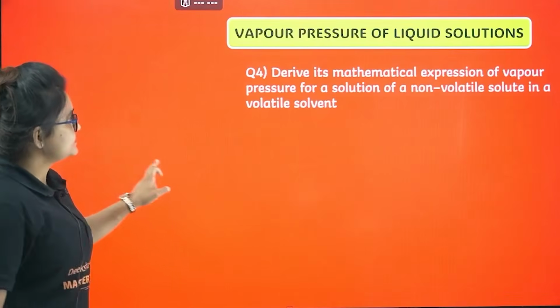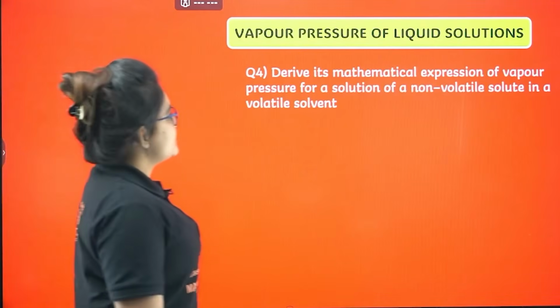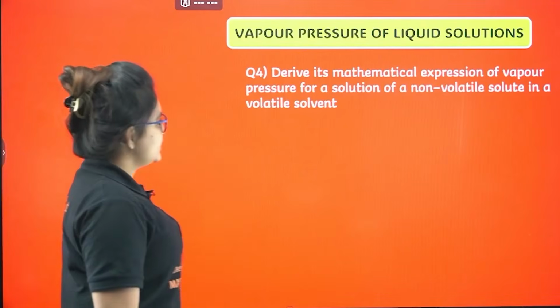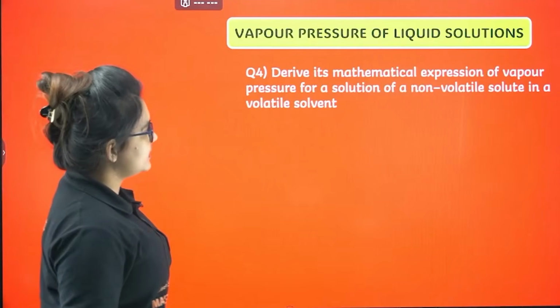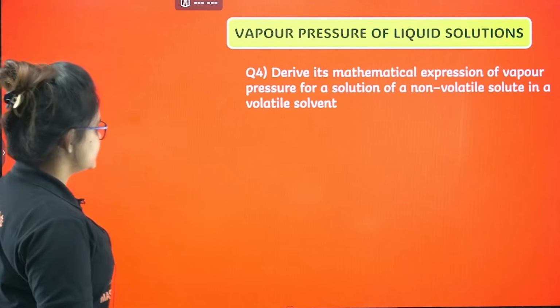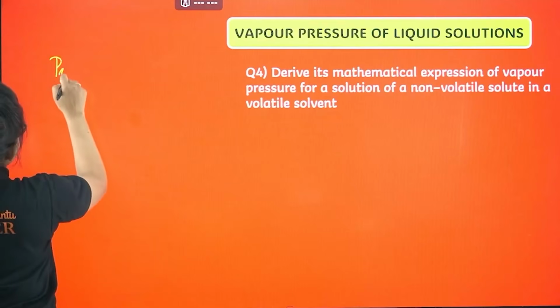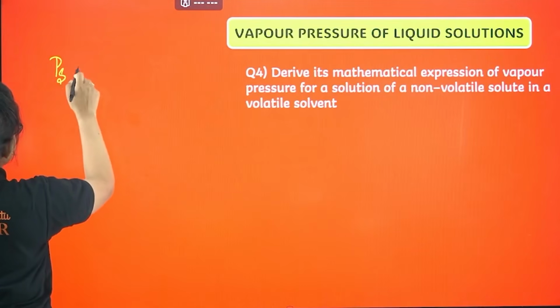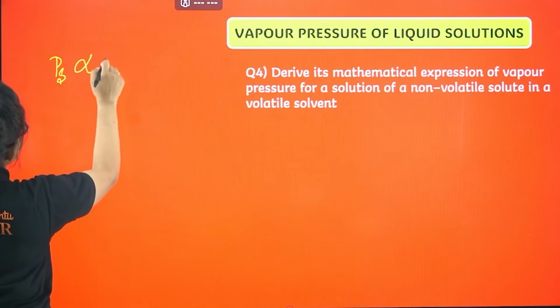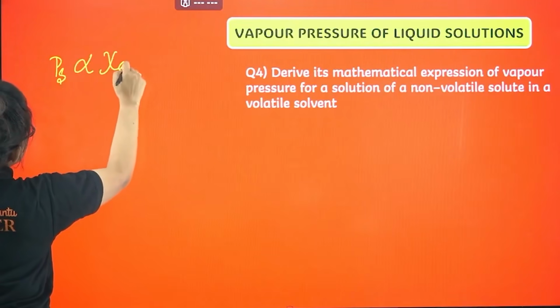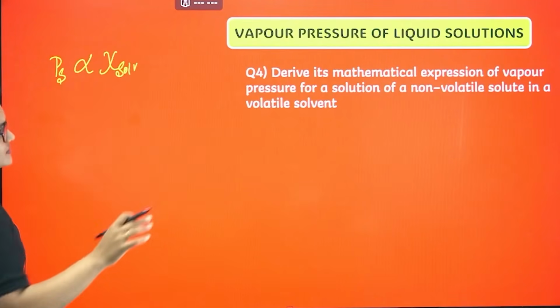Let's proceed. The question is, derive the mathematical expression of vapor pressure for a solution of a non-volatile solute in a volatile solvent. We know the pressure of a solution is directly proportional to the mole fraction of the solvent, because the solute is non-volatile.